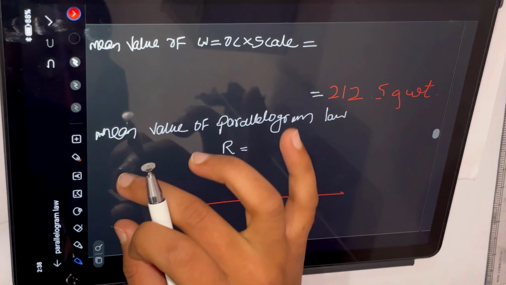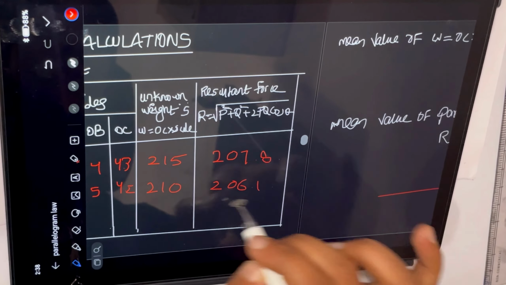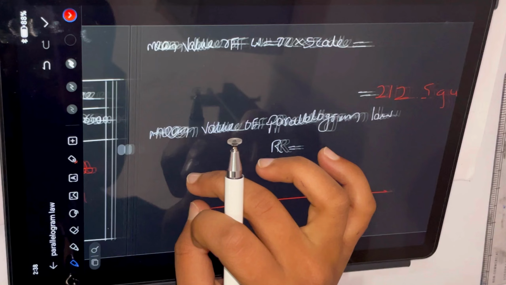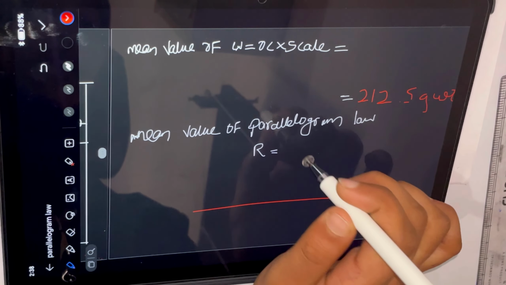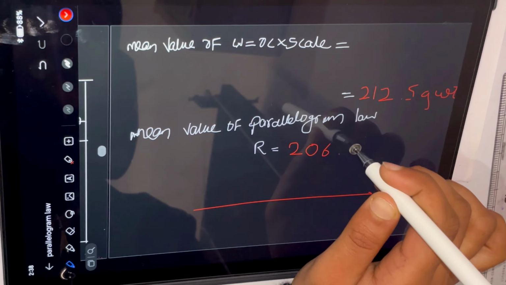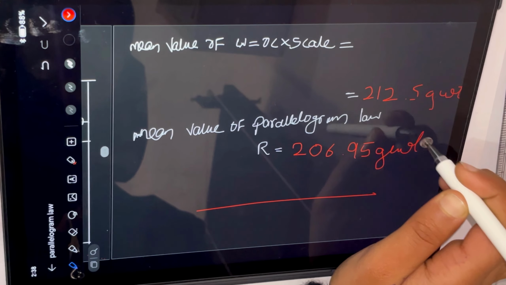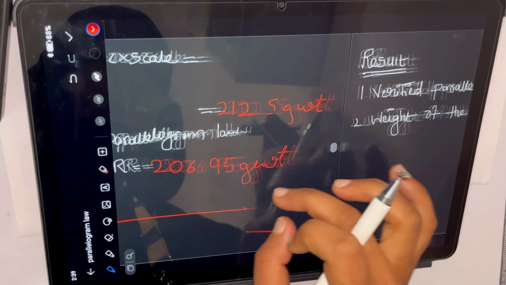Now let's move to this one. This one plus this one divided by 2 is approximately equal to 206.95 gram weight. Okay, let's move forward.